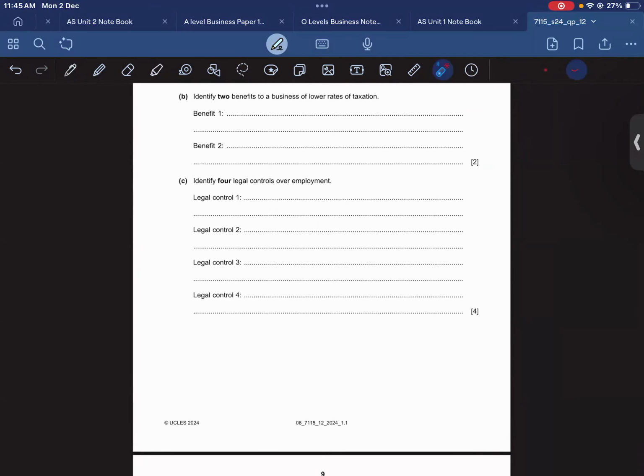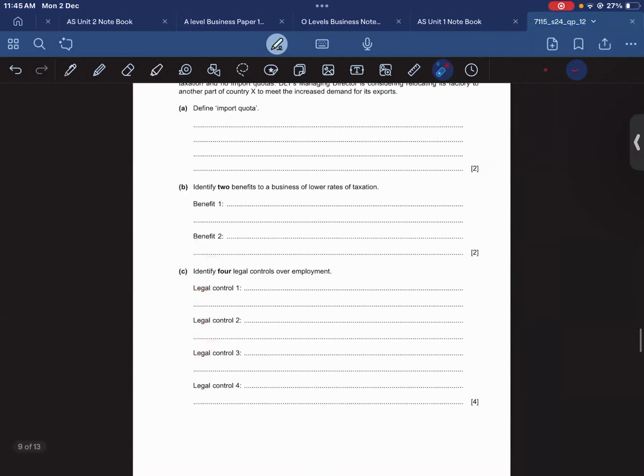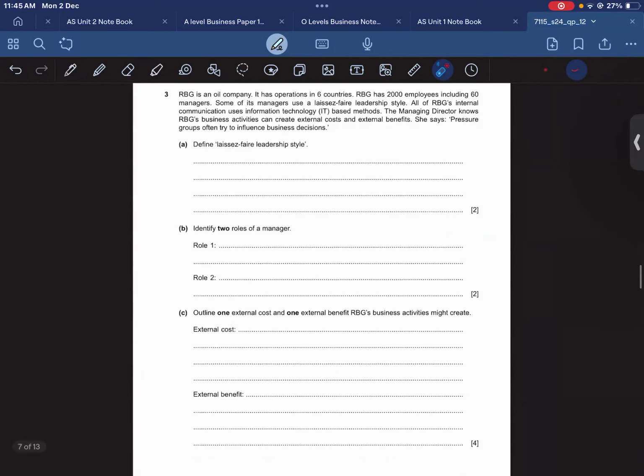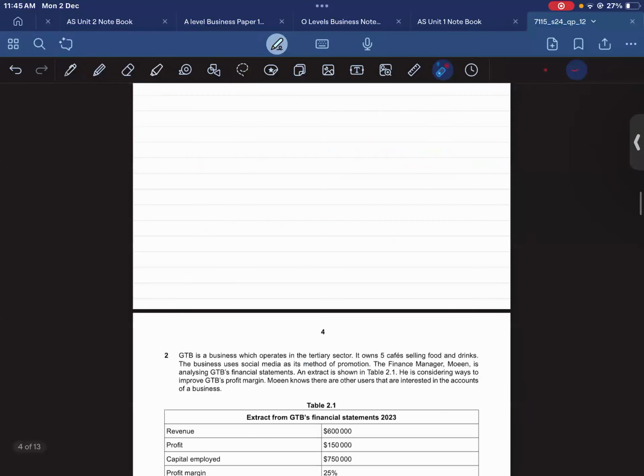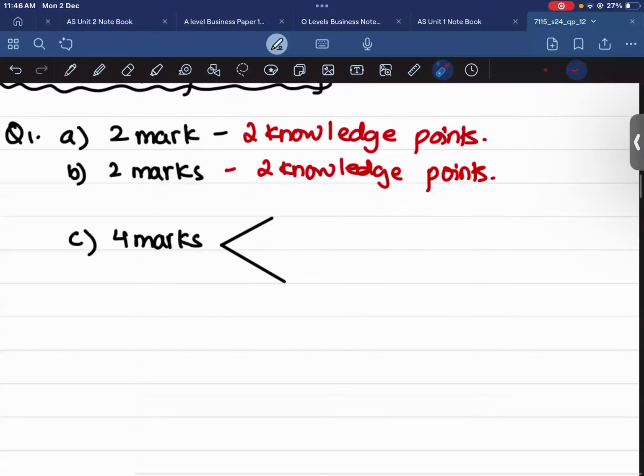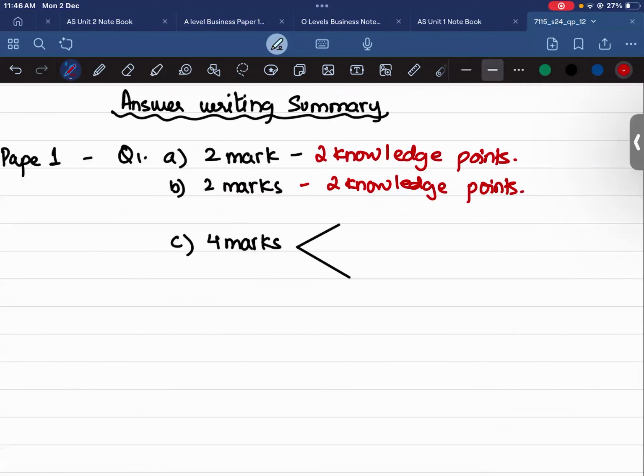So over here you can see that they are asking you to identify four legal controls over employment. So legal control one, two, three, and four. So four knowledge points will be written over here. So sometimes they ask you the four knowledge questions. So you have to write the four knowledge points in one of the questions. There will always be such a question in the paper.